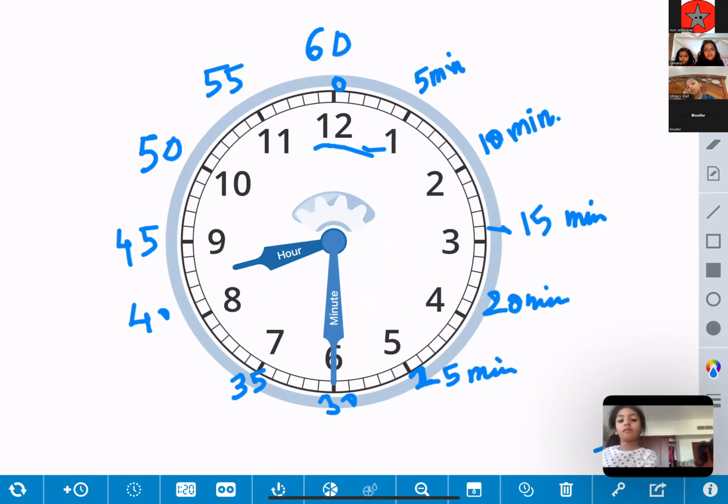Because it has taken half the round of the clock. It has taken half the round of the circle. So half a circle, and we know that it takes total 60 minutes, and half of 60 is what, Idika? What is half of 60? Anahita, half of 60? 30.